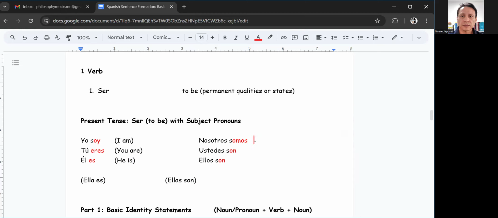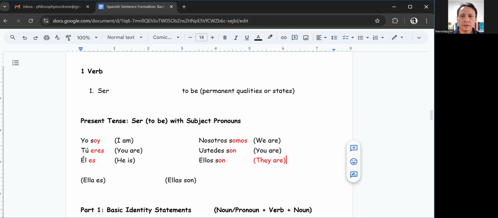Nosotros somos is we are. Ustedes son is you guys are. I'll just put you are, but it's plural. Just remember that. And then they are. Ellos son. Okay, that's what we have here. I can't look at this in red.